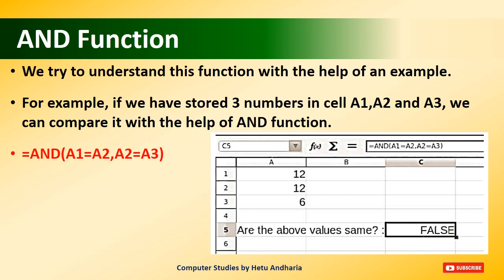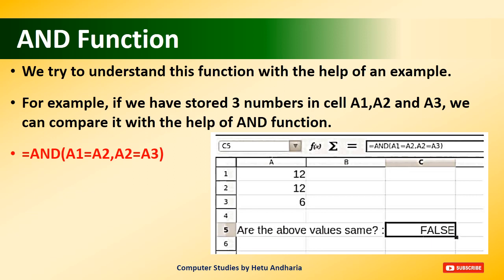We try to understand this function with the help of an example. For example, if we have stored three numbers in cells A1, A2 and A3 respectively, we can compare them with the help of the AND function. How shall we compare? We will type is equal to AND, in brackets A1 is equal to A2, comma, A2 is equal to A3.